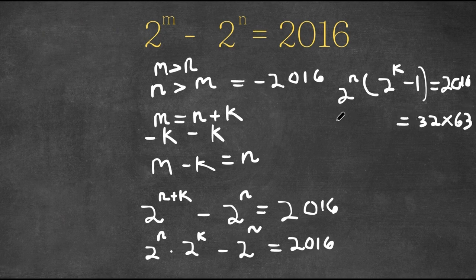So now we have 2 to the power of n times 2 to the power of k minus 1 is equal to 32 times 63. And now 2 to the power of n is going to be an even number, because 2 to the power of anything is going to be even. And 2 to the power of k minus 1, well, that's going to be odd.